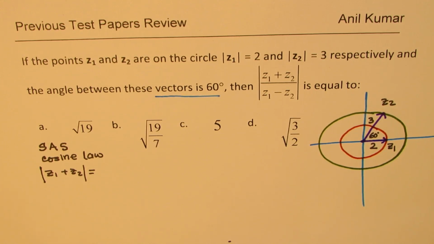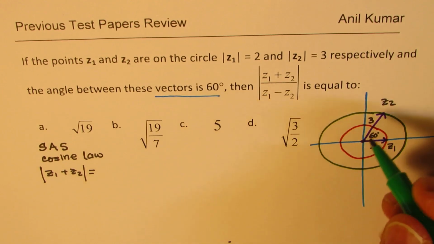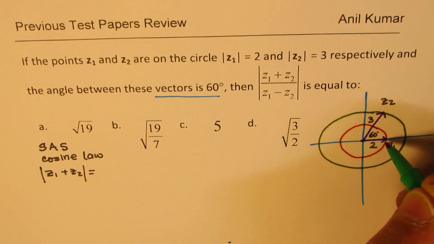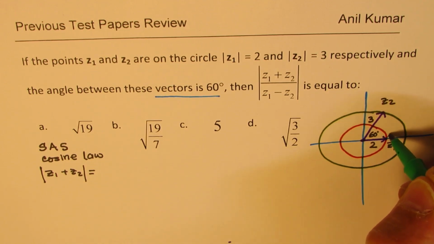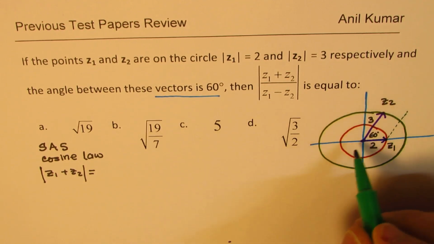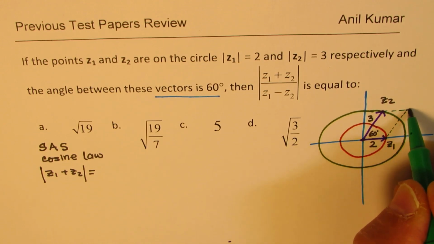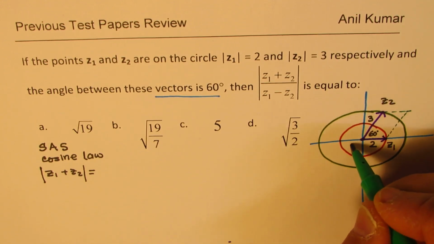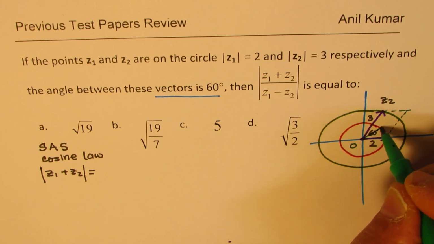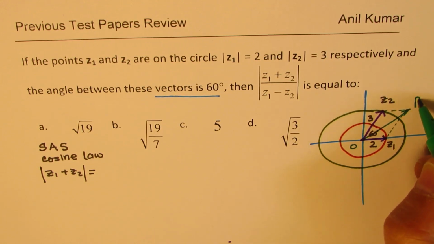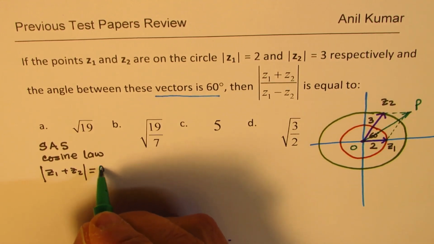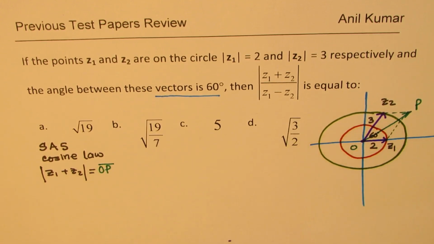So we will actually draw Z2 vector from here parallel to this, correct? And then Z1, make a parallelogram. So the resultant, for Z1 plus Z2, will be this. So we're calling this OP as shown here.